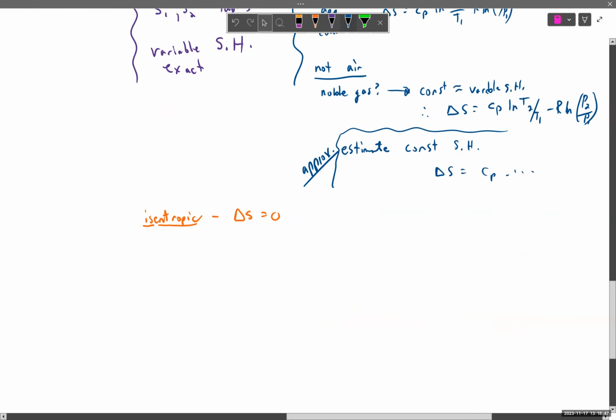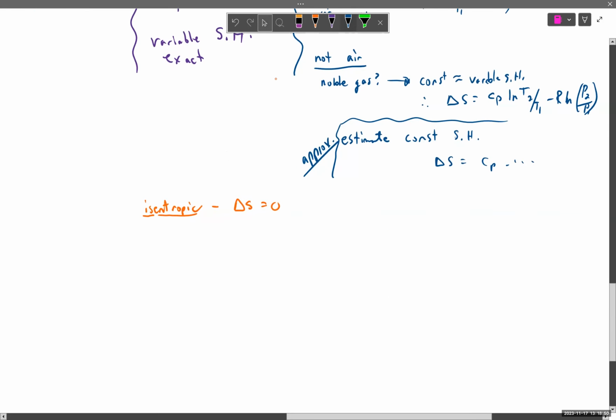If we were using tables and we only had two states, this was typically handy because we could say things like S1 equals S2.